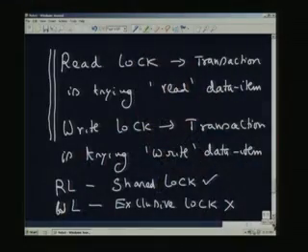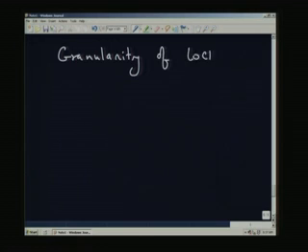To also understand the granularity of the lock, this is also an important issue when you look at locking algorithms. The granularity means the size of the data items that are locked by the transaction.